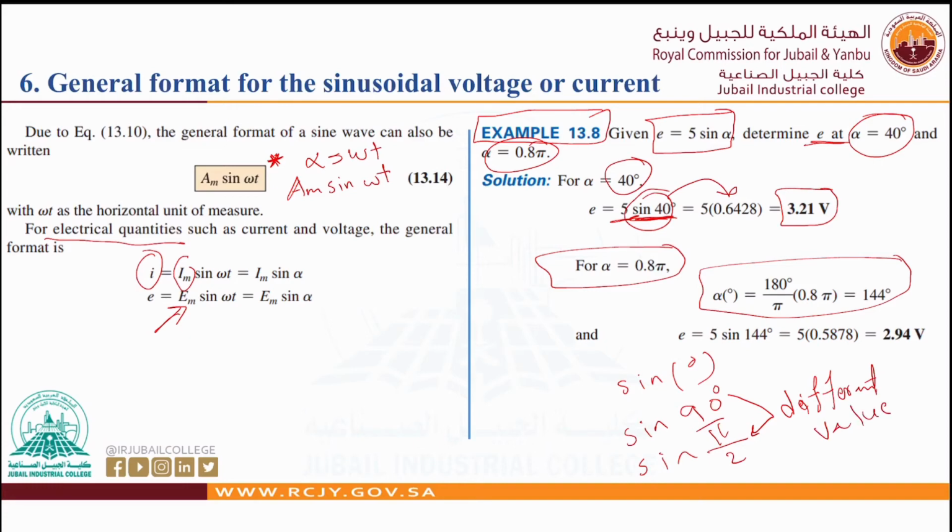So with sine or cosine, you should have it in degrees. If I don't use sine or cosine, you should have it in radian. This is very important. So if I am using the general format sine or cosine, I should have the angle in degree.